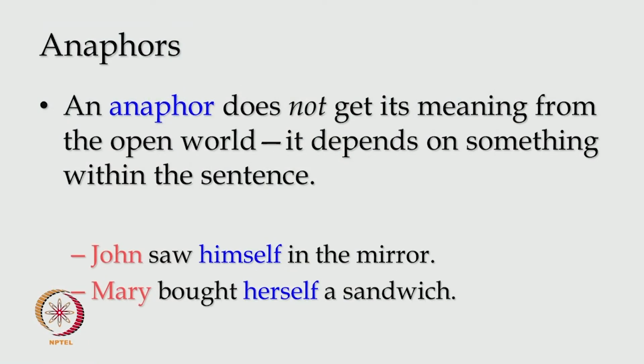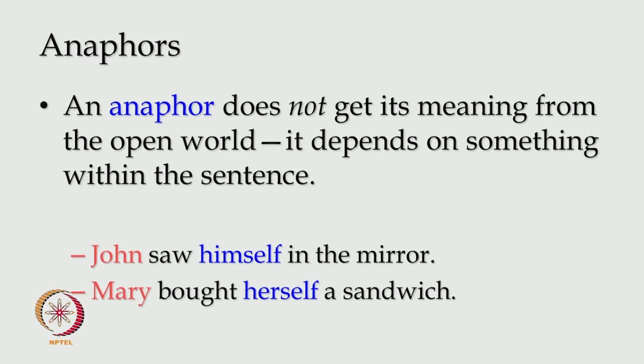The term himself is a reflexive, and John is a noun. So, himself needs to depend on John in this sentence and not on anything else in the entire world. This is why it is called reflexive.